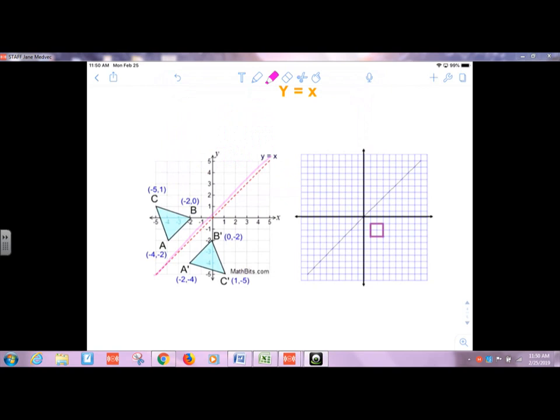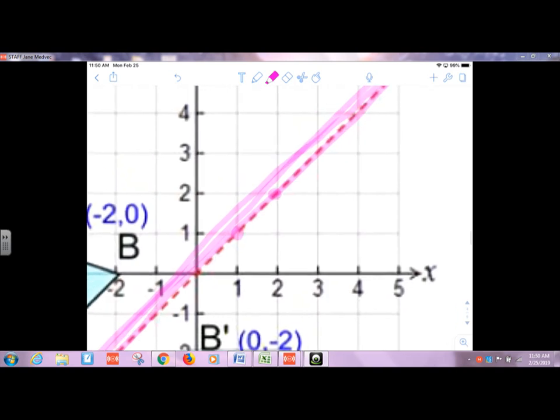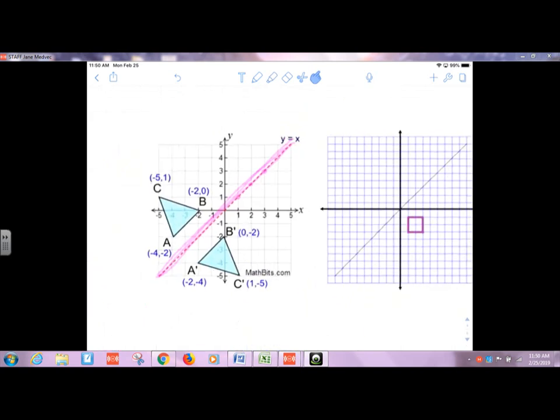It goes right through the origin like this, okay? And it's a special type of a line. So if you take a really close look, X is 1, Y is 1, there's an ordered pair there. X is 2, Y is 2, there's an ordered pair. X is 3, Y is 3, there's the ordered pair. So that's kind of how they come up with that line, okay?